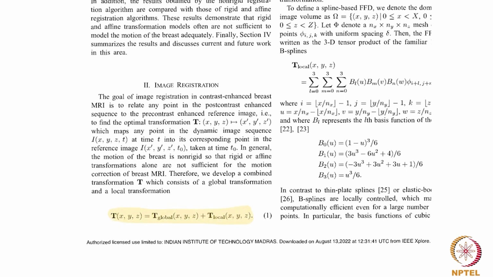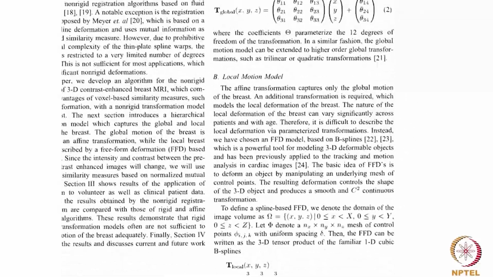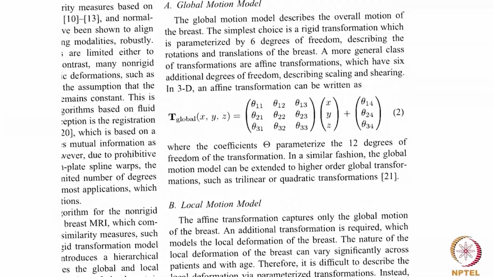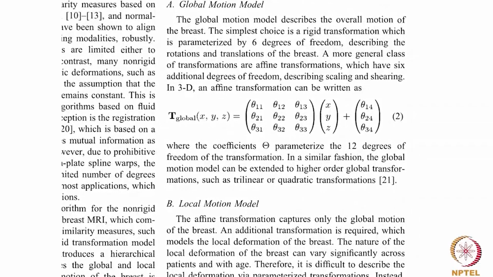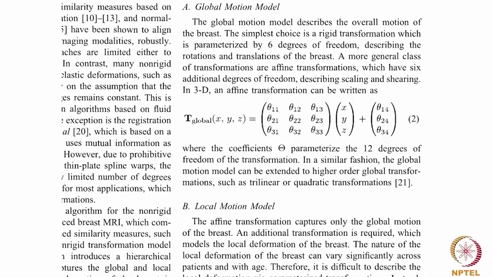So this is a combined transformation, but they are estimated independently. So what is the transformation? That is basically the global transformation. As you're familiar, it's an affine transform model. So this affine transform model is what they estimate, but this is estimated independently, according to at least this paper. You can just do this first.